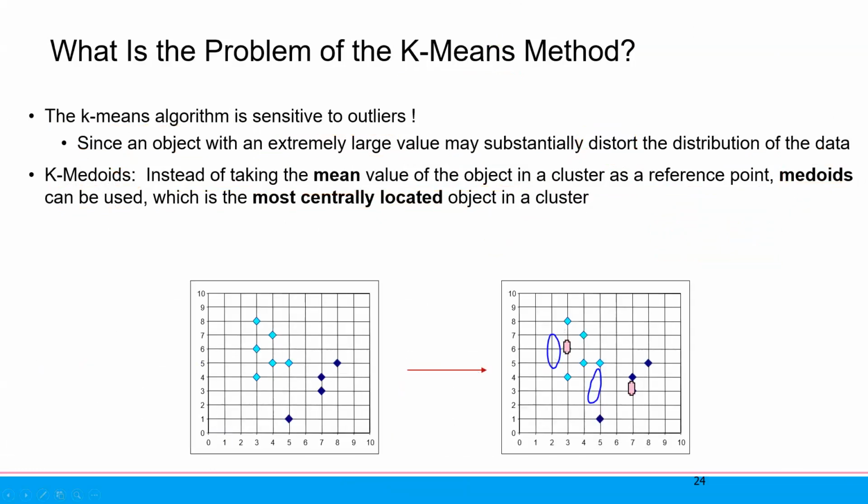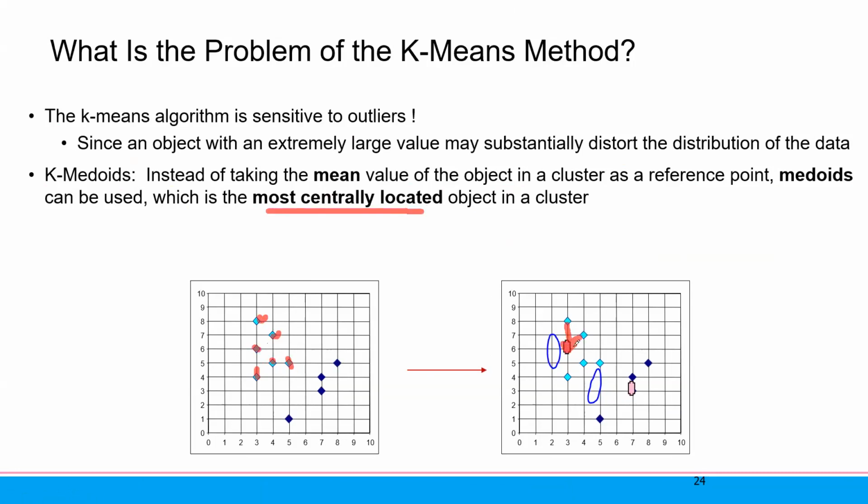Maybe this one is not that proper. Let's say we have this data, this, and this. I would like to choose, for example, this one, which is the most centrally located. So I'm going to use this one, and then we can calculate the distance to the other objects.